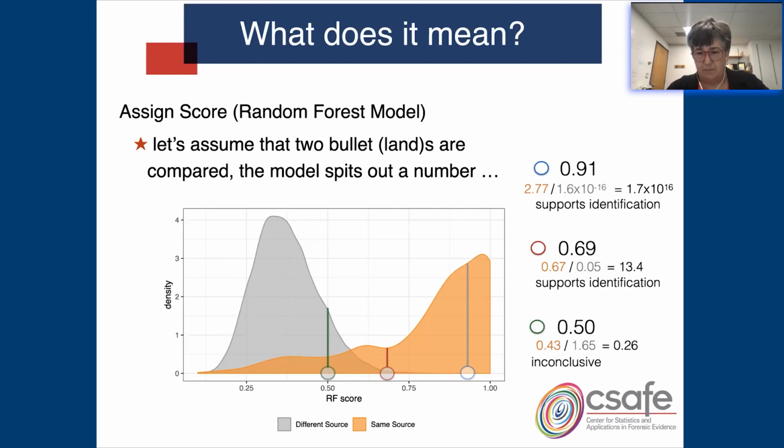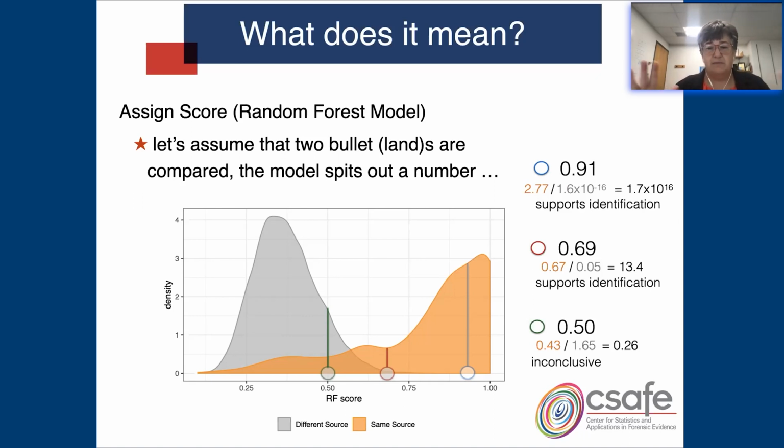So 1 in 4, 0.26 is the score, and that might result in an inconclusive result, because with 1 in 4, we don't have enough evidence to go really either way. We don't want to support an elimination, but we also really can't support an identification.